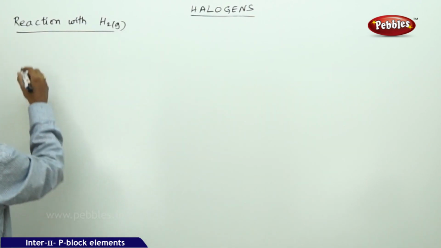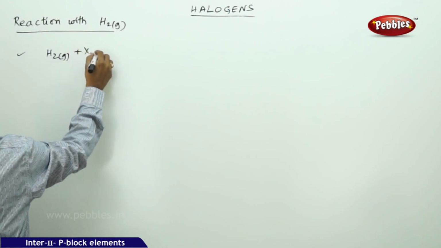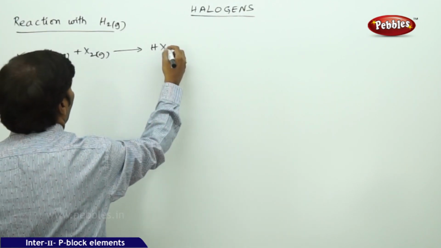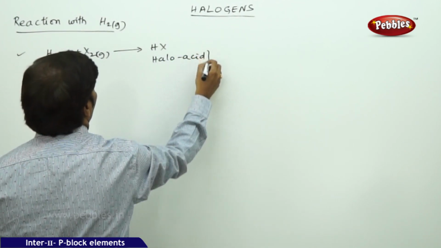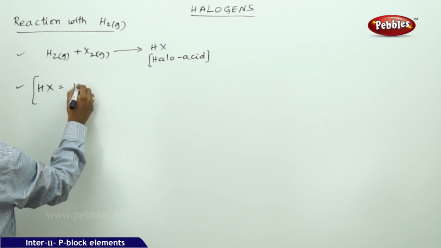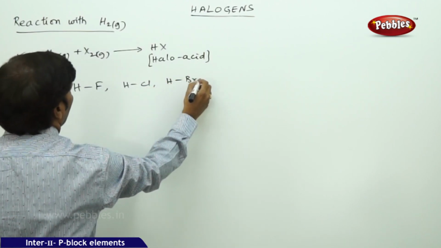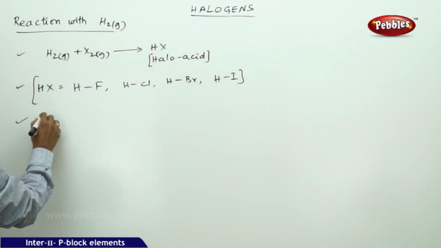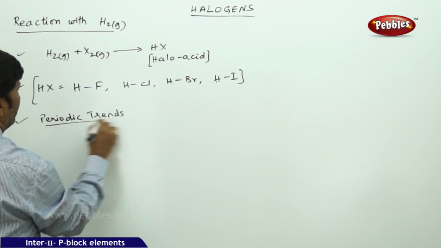When H2 gas reacts with X2 gas, it gives HX. HX is nothing but a halo acid: HF, HCl, HBr, HI. So what are the periodic trends of halo acids?